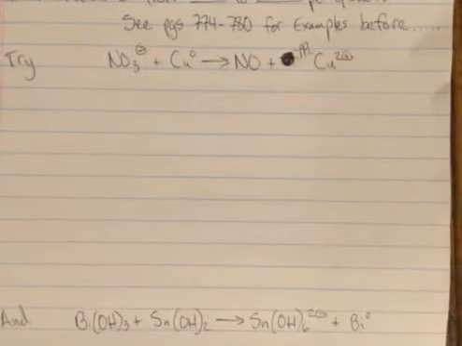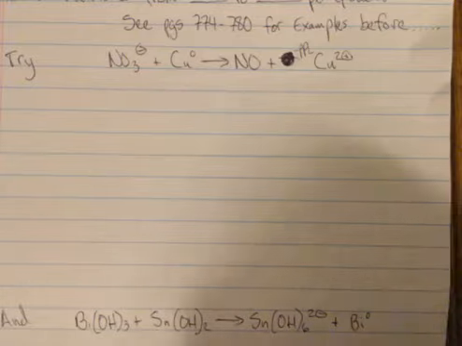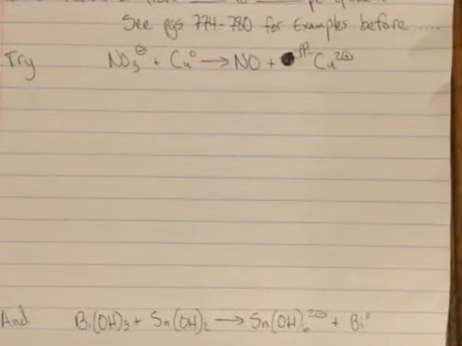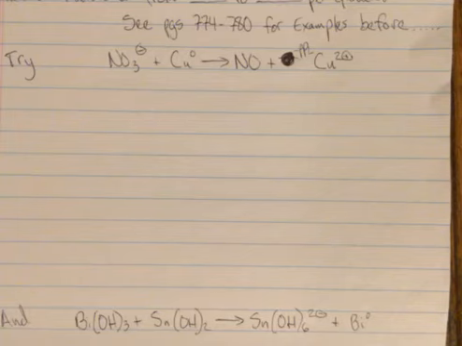Also, if you want to take a look at some examples before you get started, pages 774 to 780 have a few examples for you to peruse. And yeah, why don't you take a few minutes, pause, and we'll come back and we will kind of wrap this up.